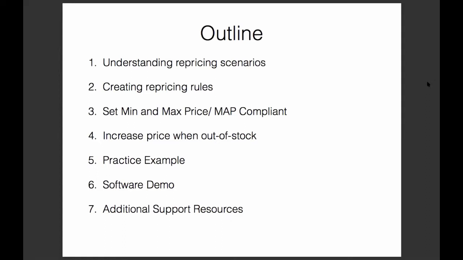There are seven main parts to today's presentation. First, I'm going to help you understand some repricing scenarios, and that will lead into the rules, because you need to be able to visualize the scenarios to make your rule. The next thing would be setting up the min and max price, or otherwise known as the floor and the ceiling.